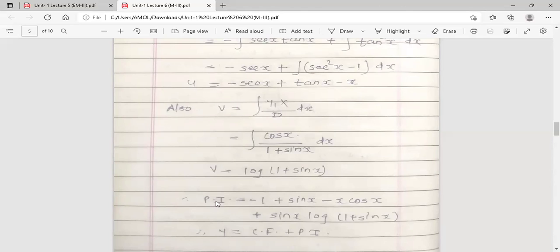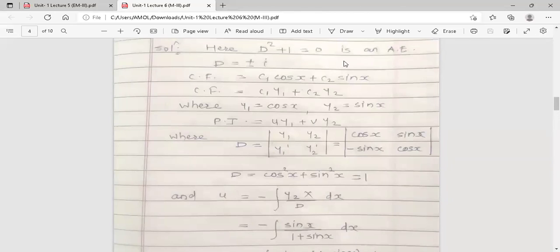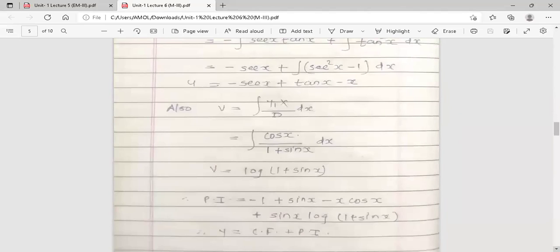And then the PI: the value of v is here log of 1 plus sin x, and so PI is equal to u y1, u into y1. U is here minus sec x plus tan x minus x, u y1. What is y1? Y1 is here cos x. So multiply the term of u by cos x.